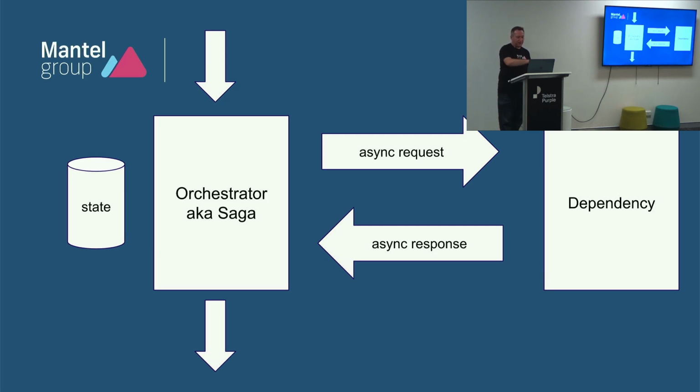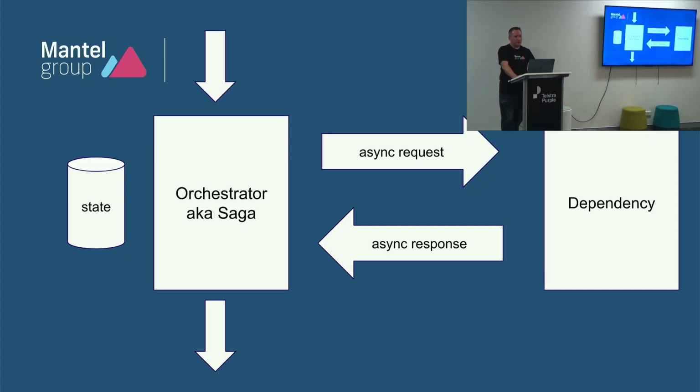Now it can do a direct HTTP request. It could be an async request and async response. The key thing with handling that async response is a saga wakes up, loads its previous state, and then processes that response. So it knows, I've already had this thing come in, I've already asked that thing down there to get something for me, I now know what to do, I've got the response to process, and goes forward.